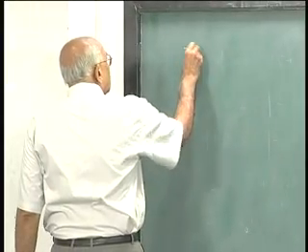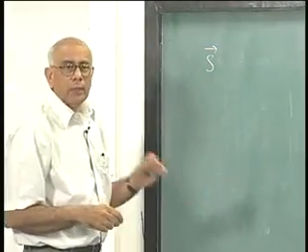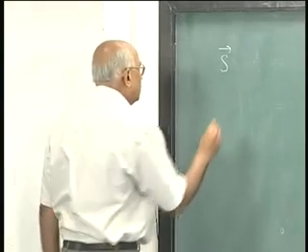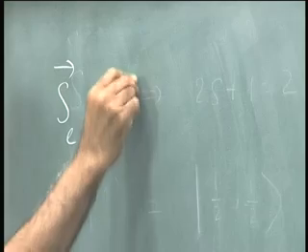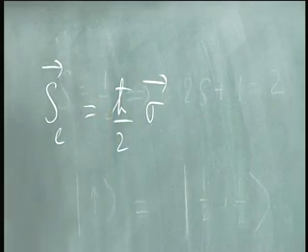The spin operator of an electron, with a subscript E to tell you it is an electron, is h cross over 2 sigma. So the eigenvalues of any component are the eigenvalues of sigma dot n, where n is a unit vector, and they are plus or minus 1 multiplied by h cross over 2.